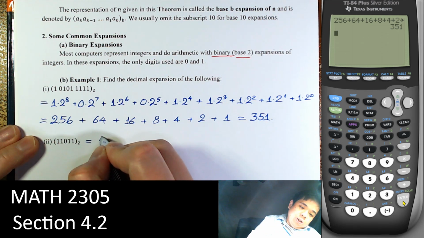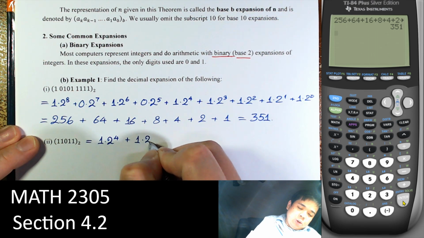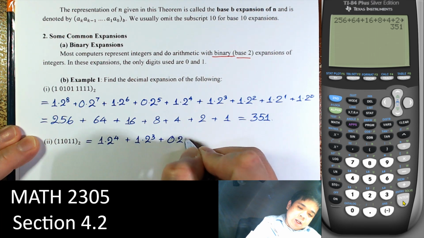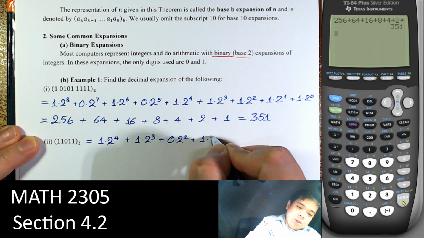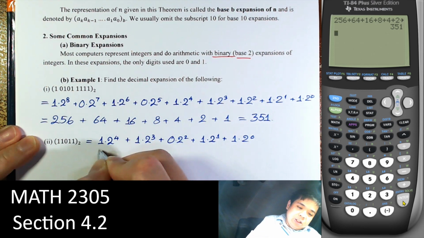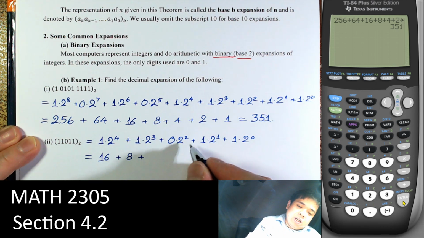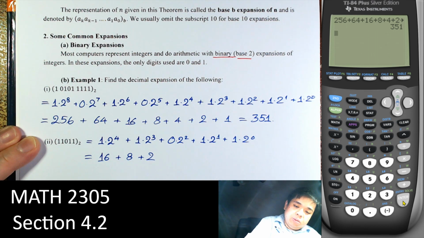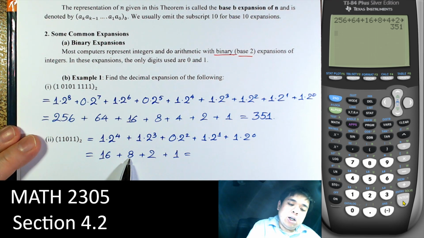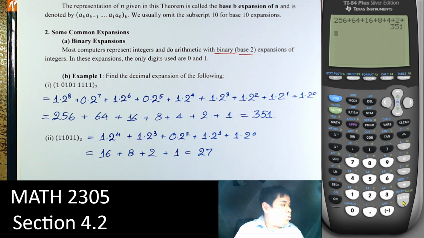So 1 times 2 to the 4, 1 times 2 cubed, 0 times 2 squared, 1 times 2 to the first, and 1 times 2 to the 0. So 16, 8, 0, 2, and then 1. So that's 27. So that is binary.